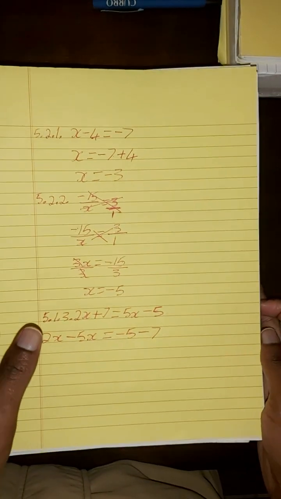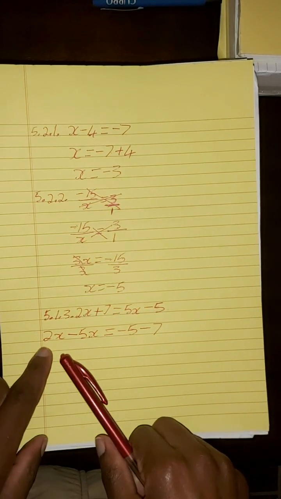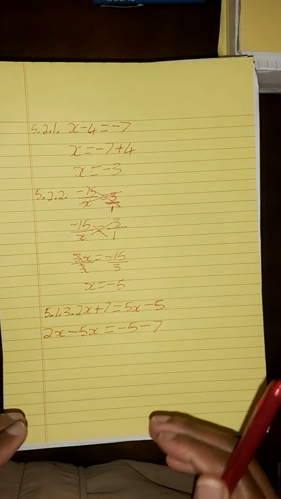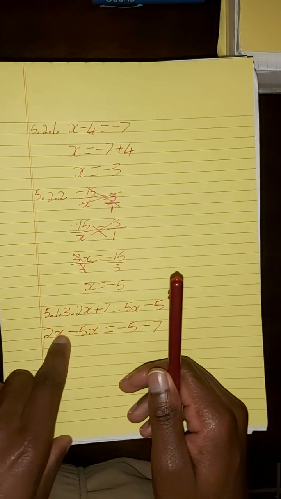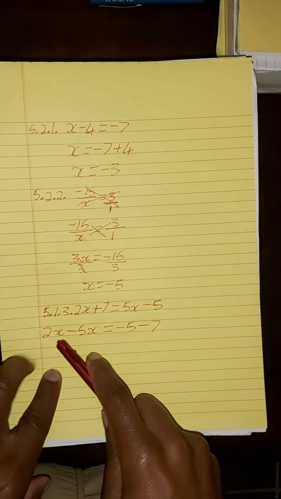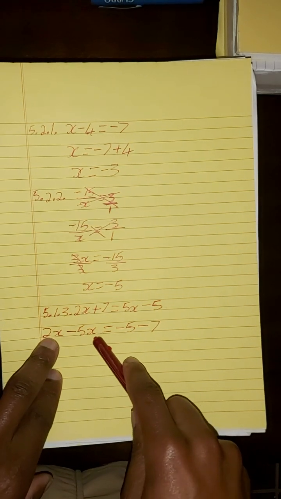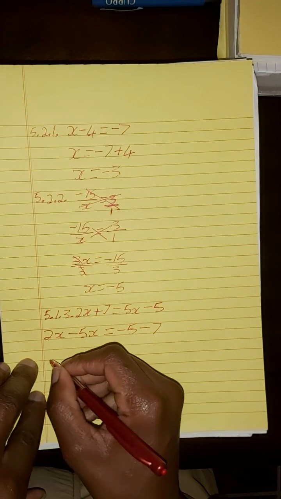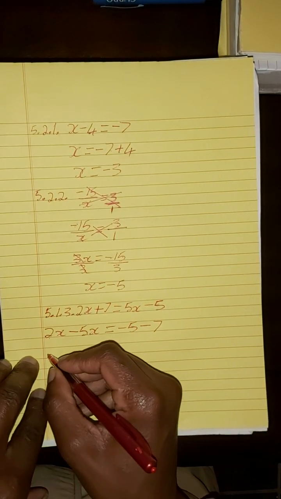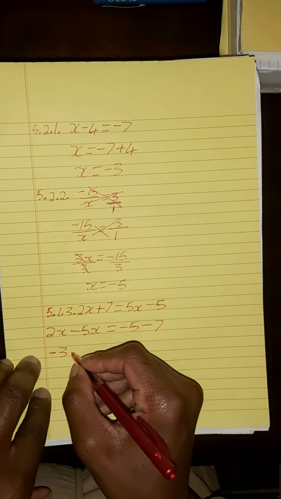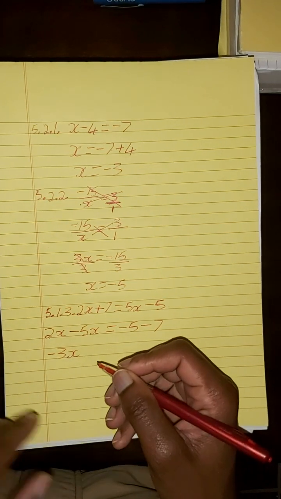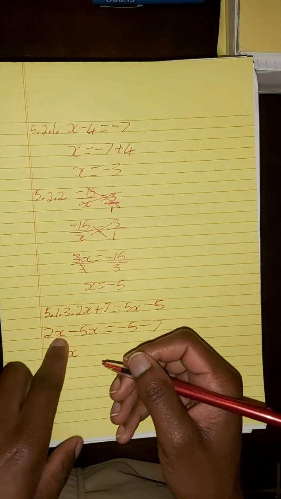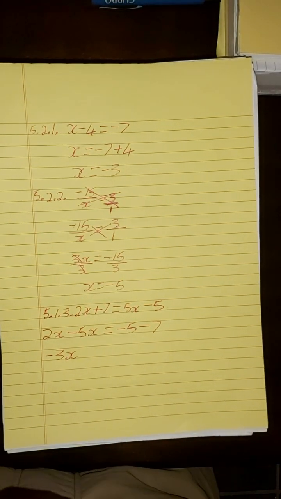When you add your like terms, you are simply focusing on the coefficients, adding them together under the same variable, in this case x. So I have 2x minus 5x. So when I say 2 minus 5, I'm going to get negative 3x, because I'm adding 2x minus 5x, or you could say 2x plus negative 5x.